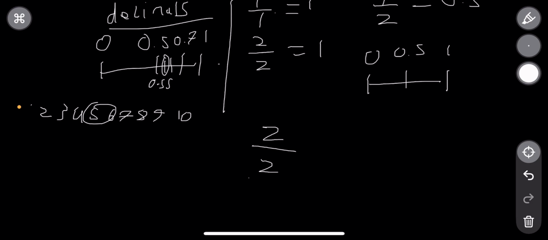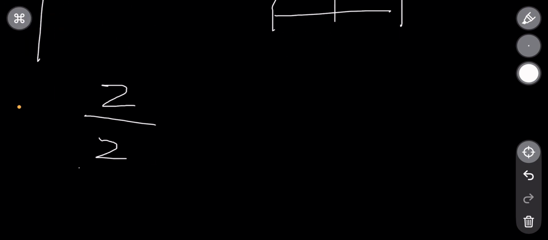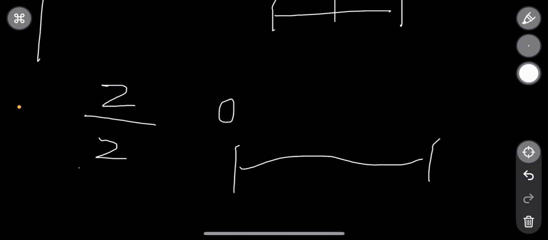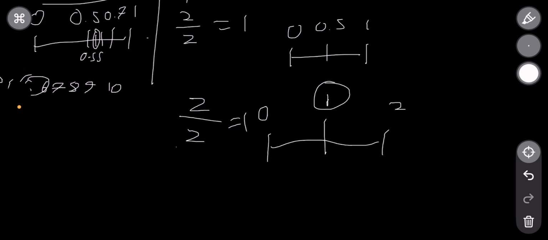So, you can already see, but what's the reasoning behind it? Okay, so it is before 2. That's 0, that's 2, that's 1. Okay? It is before 2, and then it's higher than 0. So, what is the middle between 2 and 0? 1. Equals 1.